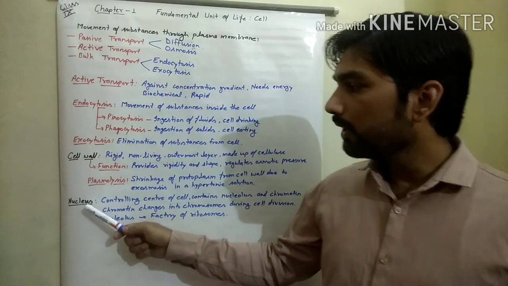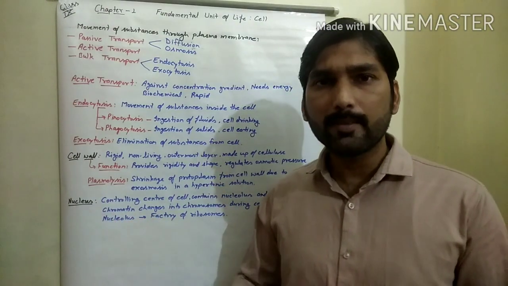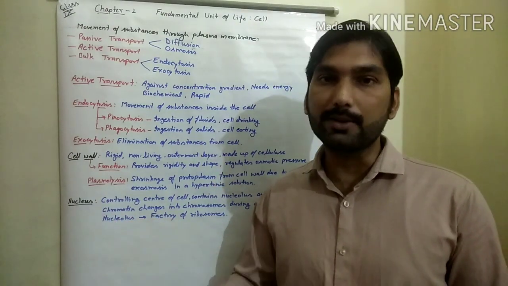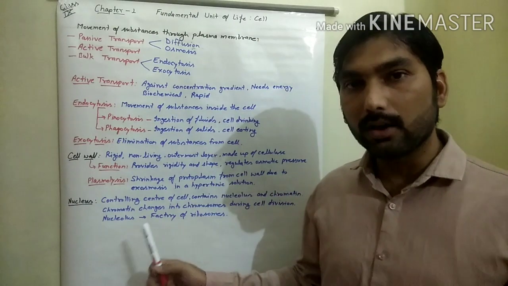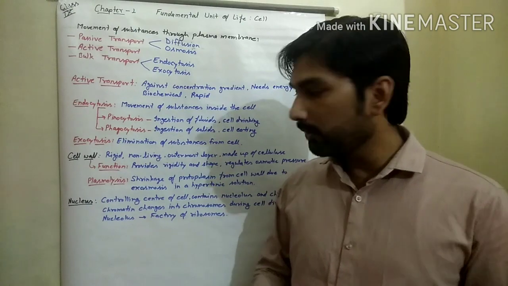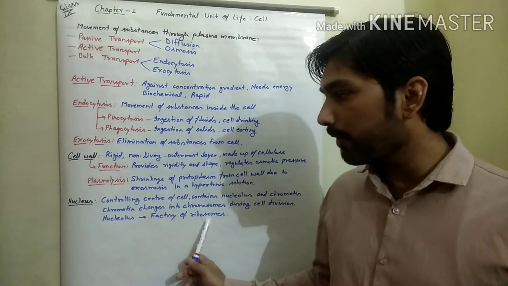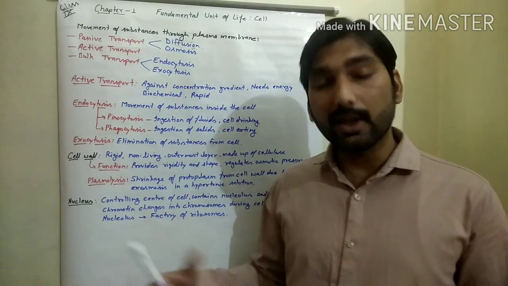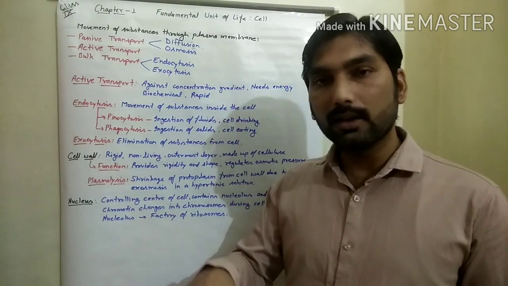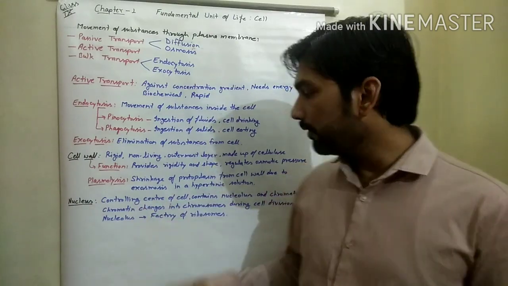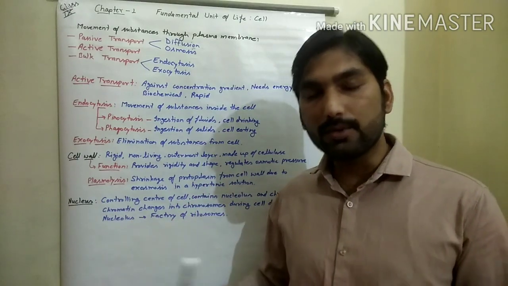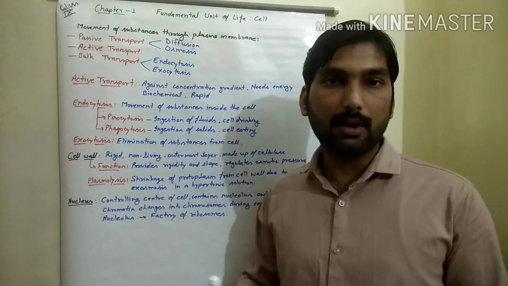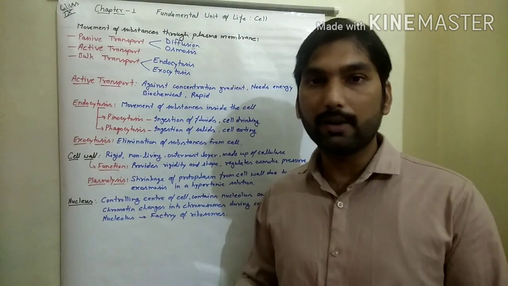And we know that the nucleus contains a dense spherical structure known as the nucleolus, which is responsible for the production of ribosomes. That's why it is known as the factory of ribosomes, and some genetic material embedded in the nucleoplasm is known as chromatin, and these chromatin threads change into chromosomes when our cell is going to divide.